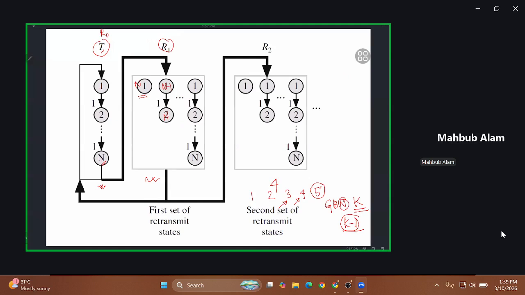Now from the first batch of retransmission, we move on to the second batch of retransmissions. If you have a single packet retransmitted here, then either this packet is successfully received, so from here you go to the second batch, or you retransmit the same packet again.